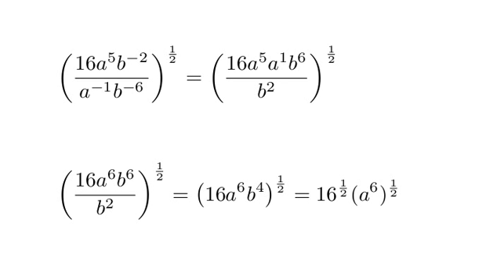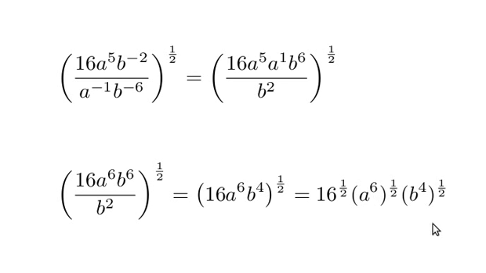And I did something wrong. What did I do wrong? I see. Okay, so the 1/2 distributed to the 16, to the a to the 6th, and the b to the 4th. So now we have 16 to the 1/2, a to the 6th to the 1/2, b to the 4th to the 1/2.